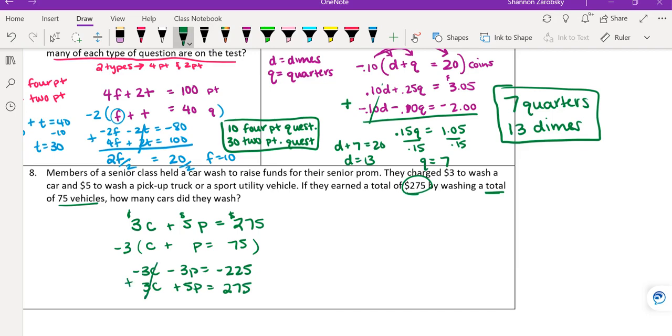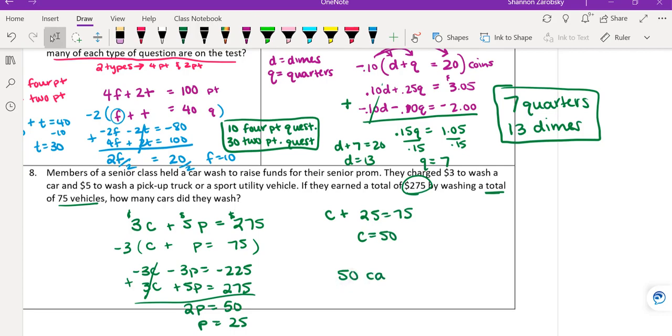When I add those together, I get 2P is equal to 50. Dividing by 2, we get P is equal to 25. So if the number of pickup trucks is 25, C plus 25 is equal to 75. So C has to equal 50. So 50 cars and 25 pickups. Okay, there's the application section.